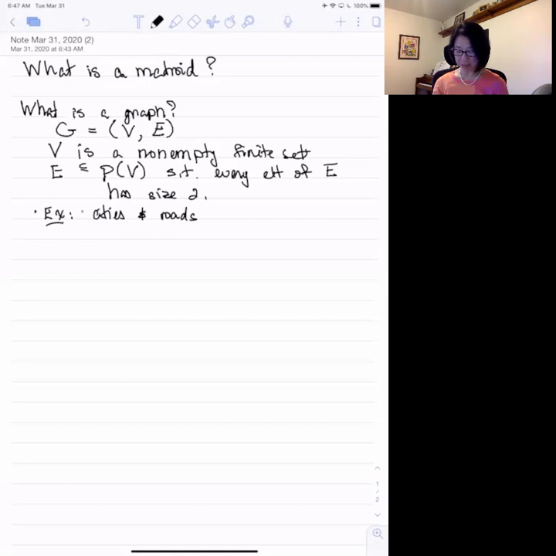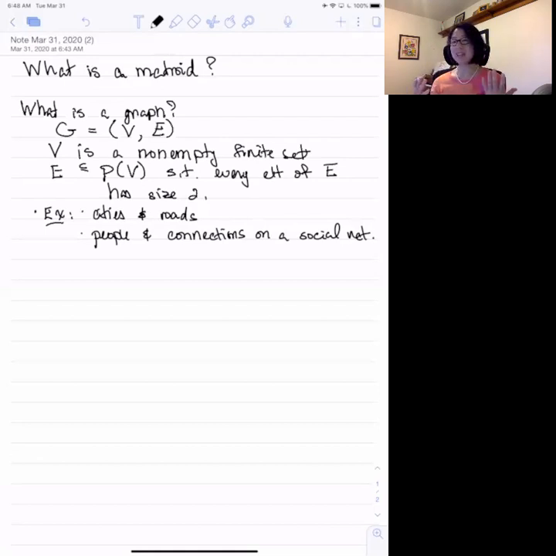Other things we might represent as a graph might be people and connections on a social network, etc. Maybe they're computers and which ones are connected by fiber optic cables.